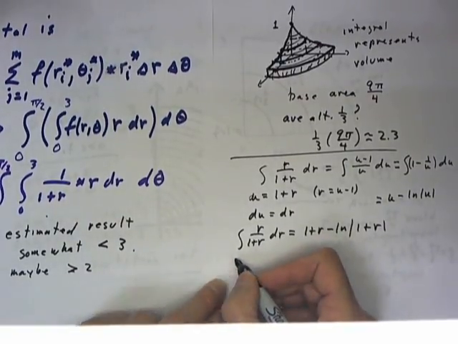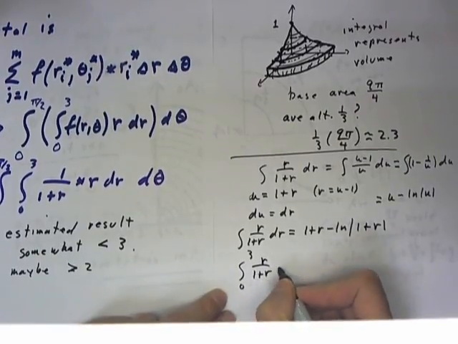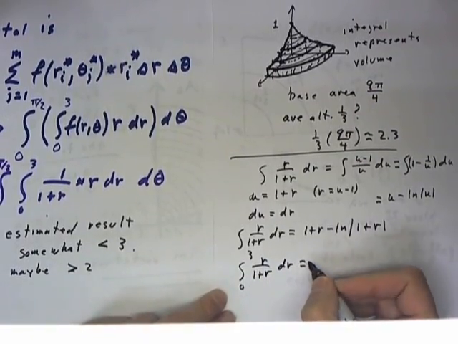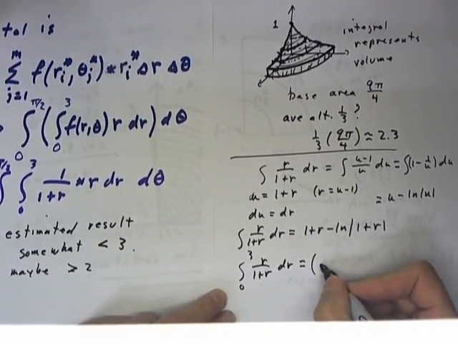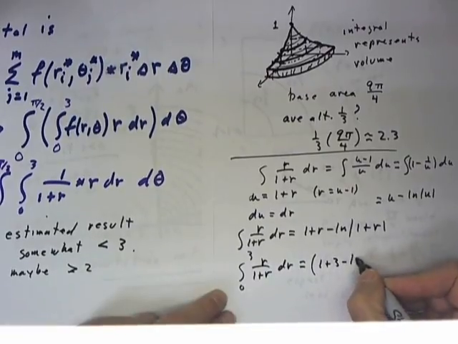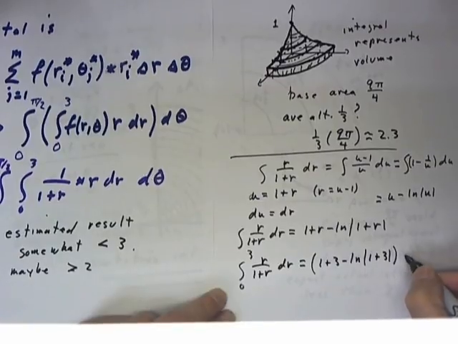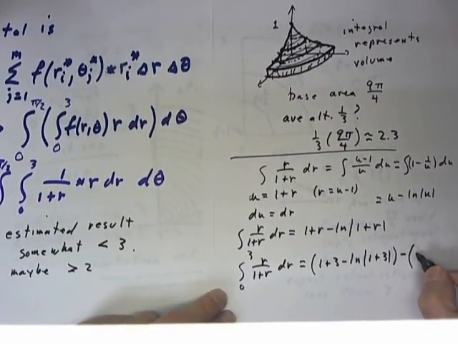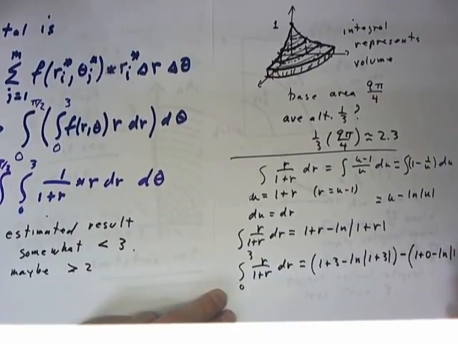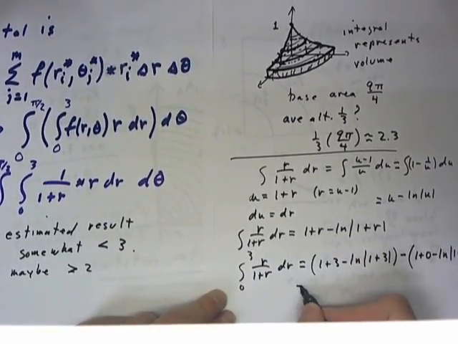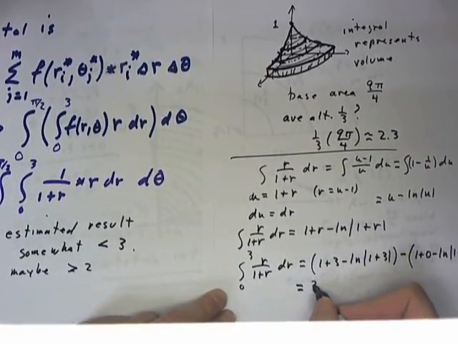It follows then that our integral from 0 to 3 of r over 1 plus r dr equals the change in this quantity, and that's going to be 1 plus 3 minus the natural log of the absolute value of 1 plus 3, minus 1 plus 0 minus the natural log of the absolute value of 1 plus 0. 1 and 3 is 4, minus 1 is 3.